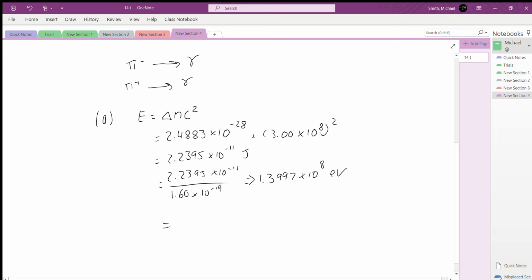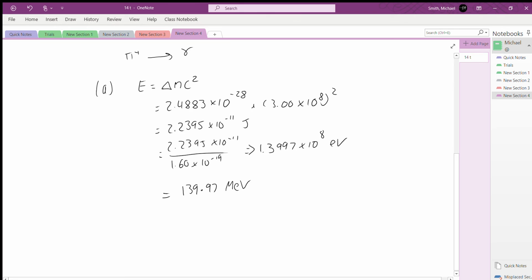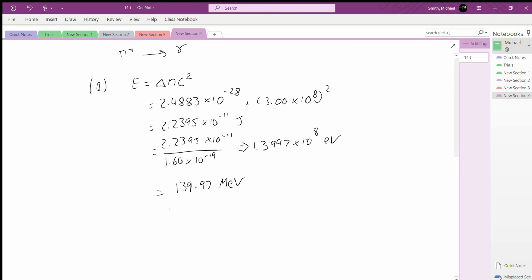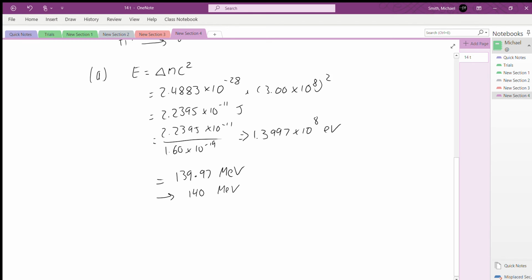We want that to be in mega electron volts, so we need it to be times 10 to the power of 6, which means we move the decimal point 2 spots across. So it will be 139.97 mega electron volts. It seems like too many significant figures, so this will probably end up just being 140 mega electron volts. So that's not so bad.